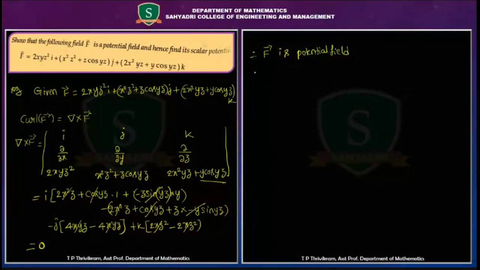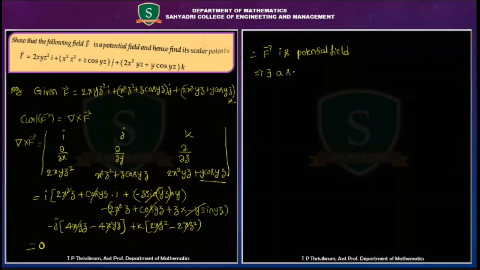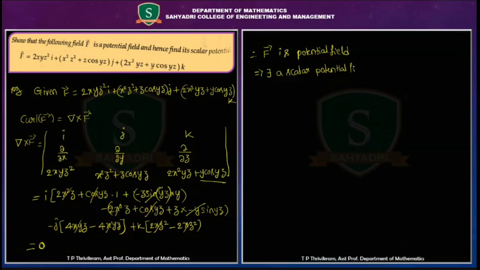Okay, so this implies there exists a scalar potential field phi such that del phi is equal to F.